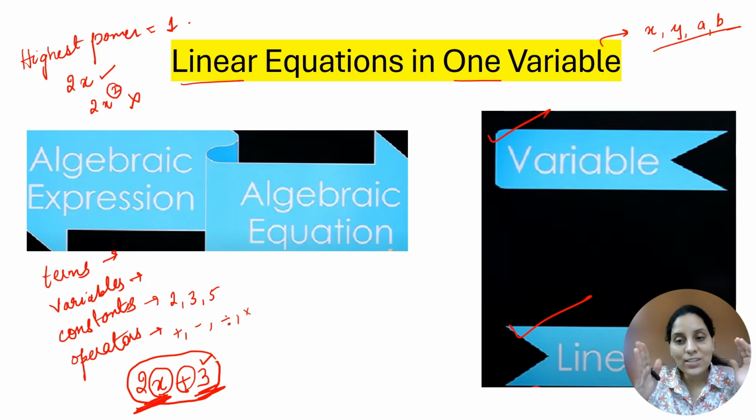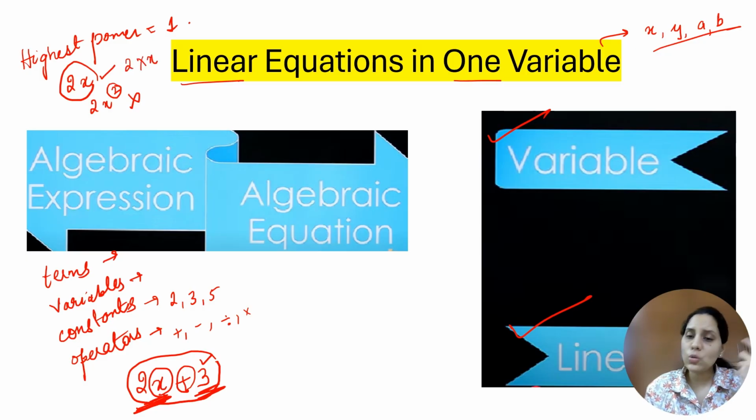Terms are always separated by plus or minus signs. If I have just 2x, this is one term because 2x is 2 into x, a single term. When you have plus, there are two different terms, but when you have only multiplication between, it's a single term. I hope this is clear.